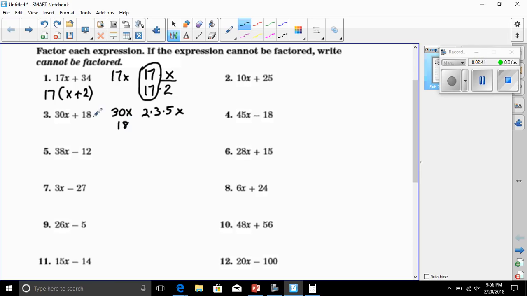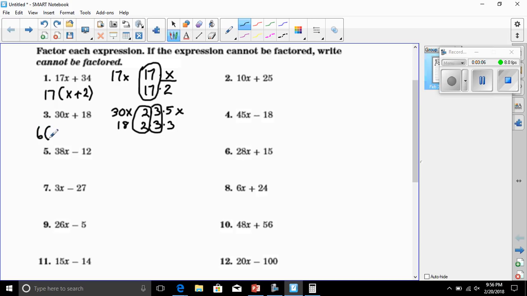And we know 18 could also be 2 times 9. But we also know 9 can be done by 3 times 3. So now let's circle the things that are in common. That's the 2. That's the 3. And we know 2 times 3 is 6. So once again, we came up with the number 6.